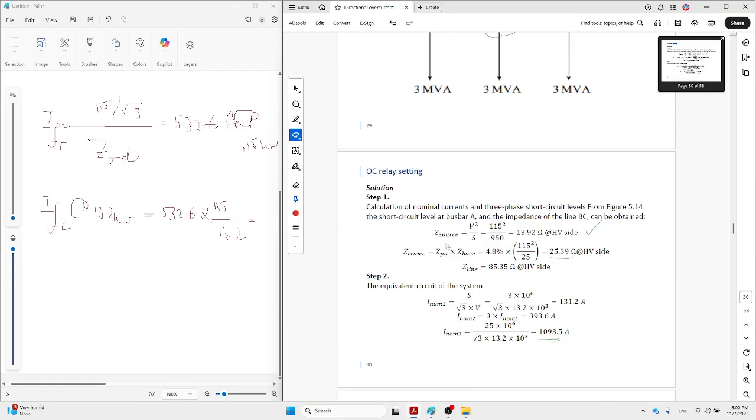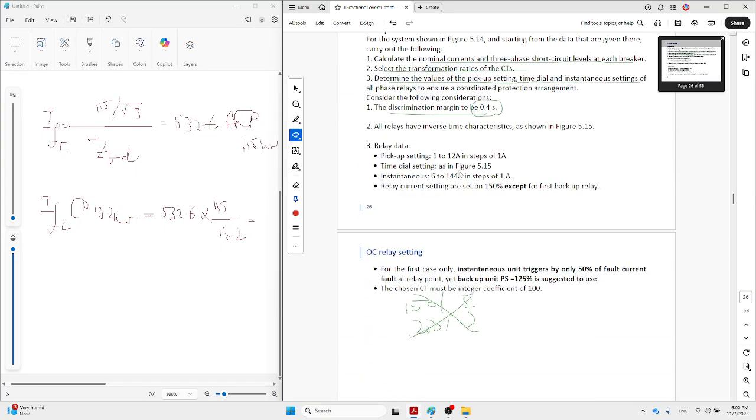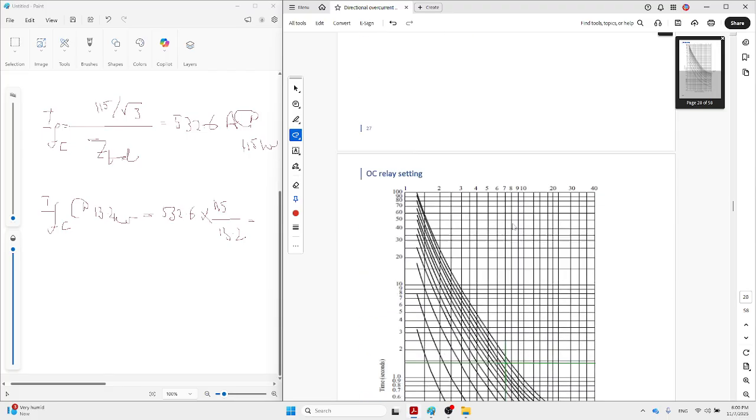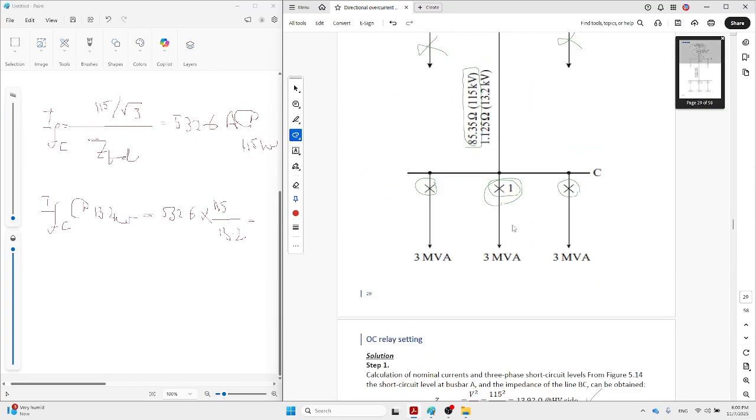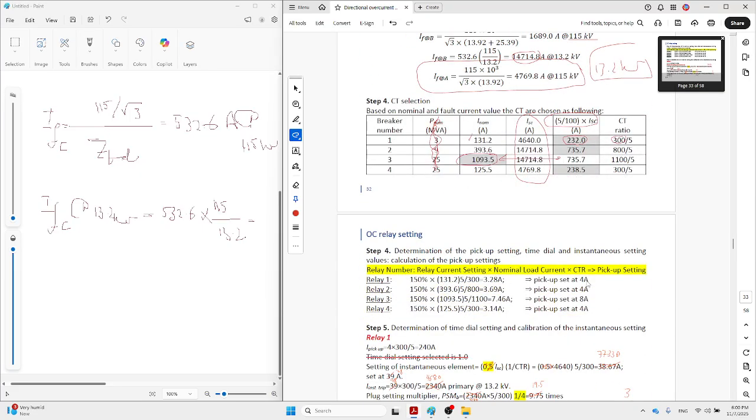As you can see, by the question instruction, the pickup current has discrete values: 1, 2, 3, 4, 5, 6, 7, 8, 9, 10, 11, and 12. So it is 3 point something. We cannot choose 3 point something. We must choose 4. So we upgrade the pickup current to 4.